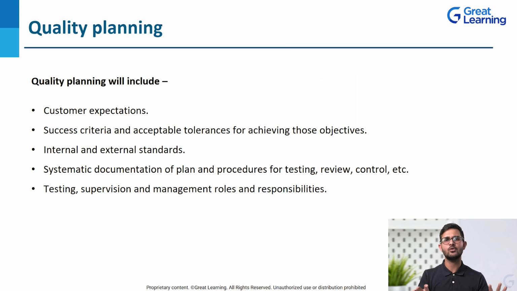So when we talk about quality planning in general, it's about giving the definition of the quality for that particular project, and then establishing the requirements of the customers, the end users, and seeing what are the quality standards we should meet and how we should meet that. So each of these things should be included in quality planning.